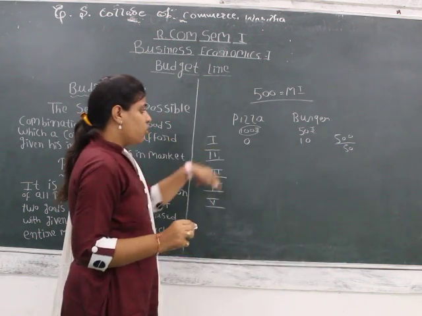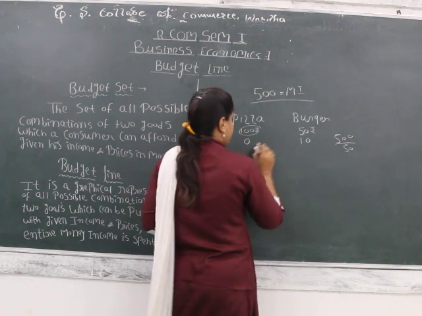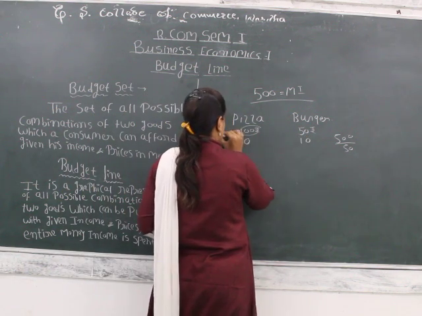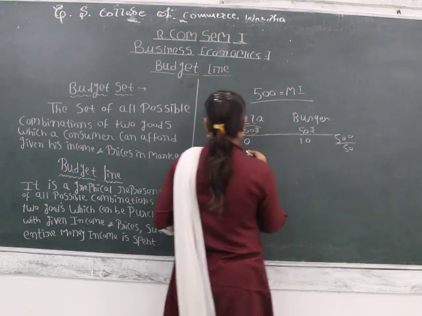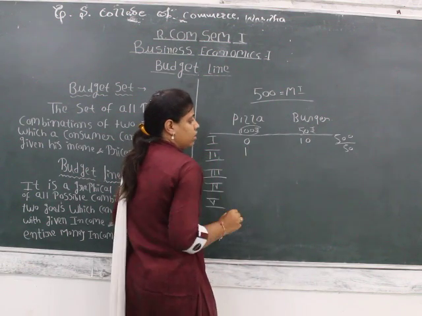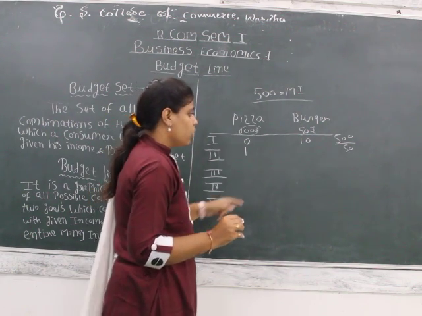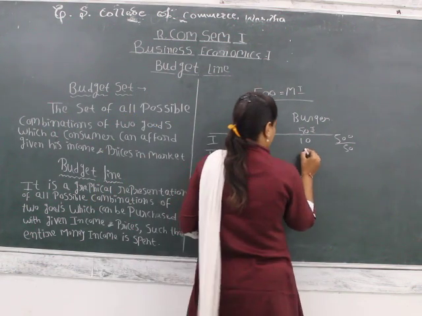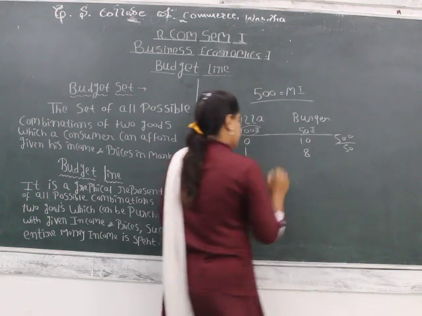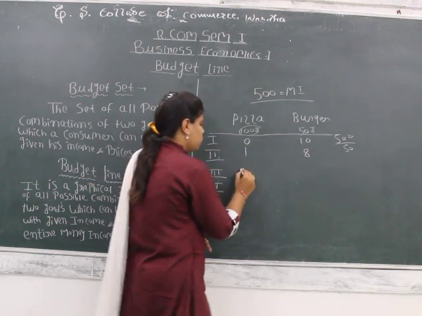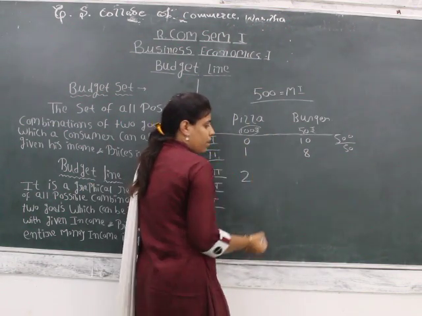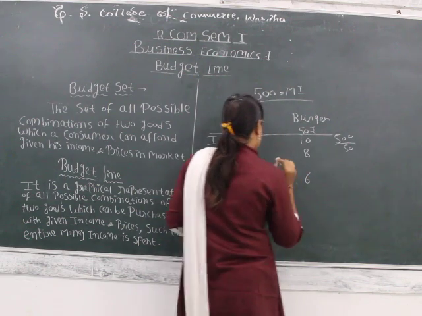Now if you want to buy one pizza, how many burgers can you buy? Only 8 burgers. If you want to buy 2 pizzas, you can buy 6 burgers.